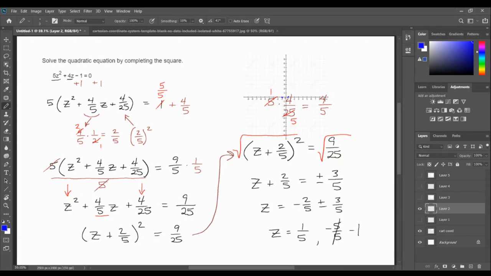And let's see, I believe its vertex is going to be about here, and it's just going to open up both sides. So what we're finding with these answers are the zeros, the places that it crosses the x-axis.